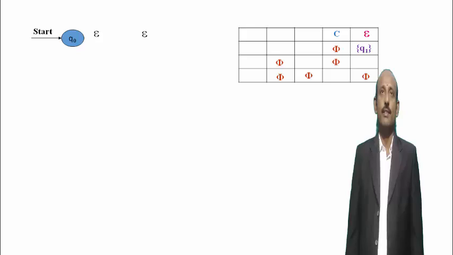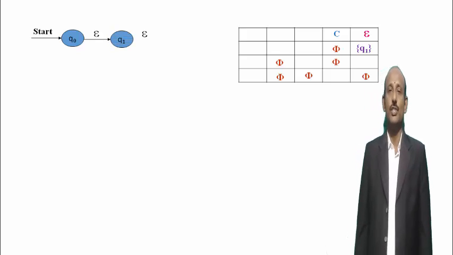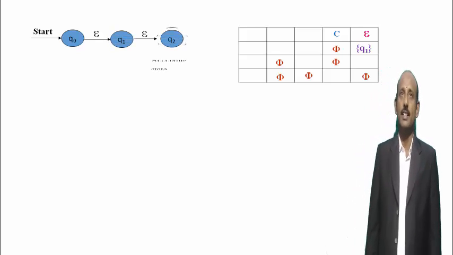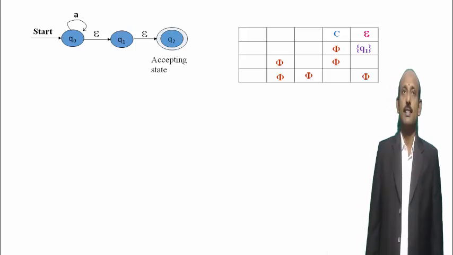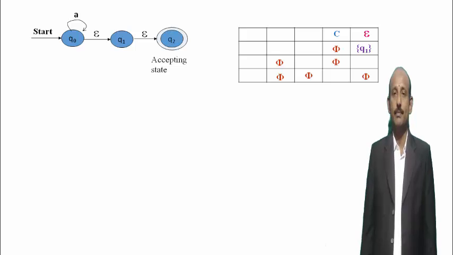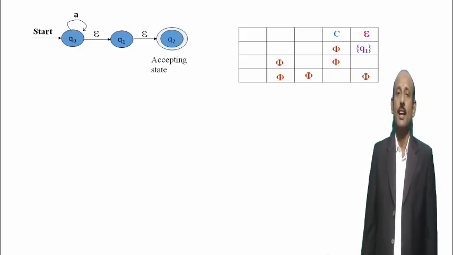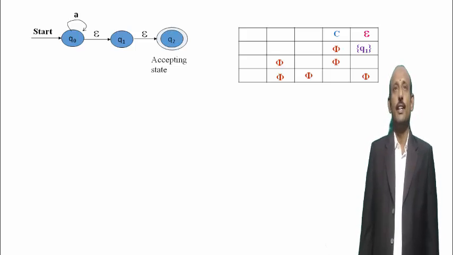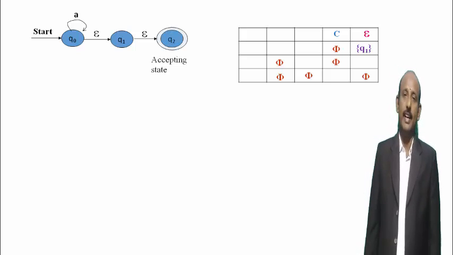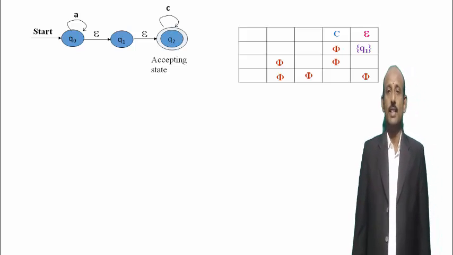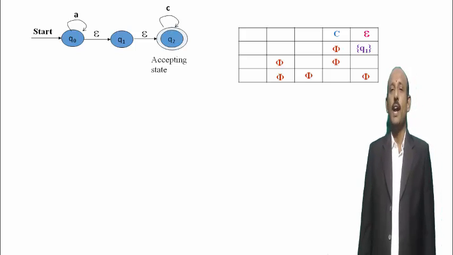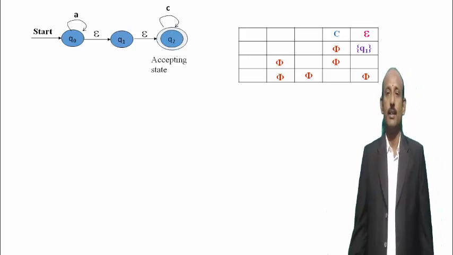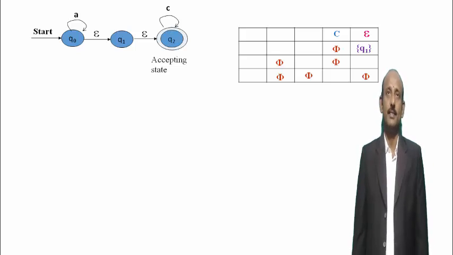So we see this finite automata with the epsilon transition. We have a start state called Q naught, marked with a special arrow that indicates the starting state, and Q1, Q2. There are 3 states. These states are represented by circles, whereas the final or accepting states are represented by a double circle.